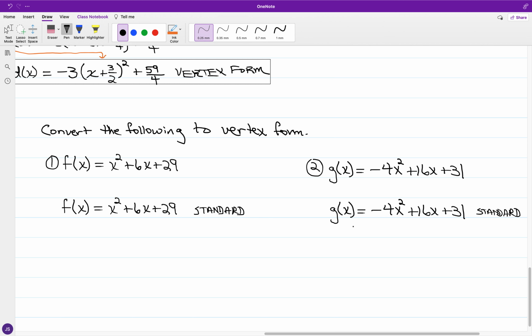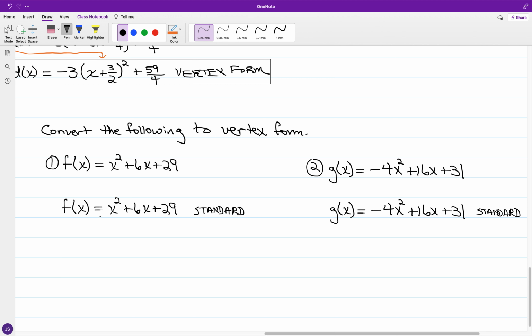Whereas in the case of g of x, if you group the variable terms, notice you have the -4 in front of the x squared, and because we have a coefficient other than 1 in front of the x squared, there are going to be additional needles to thread before we get into the completion of the square. So you have that bit of an added layer of complication thanks to the -4 in front of the x squared, as opposed to the clean x squared from f of x.